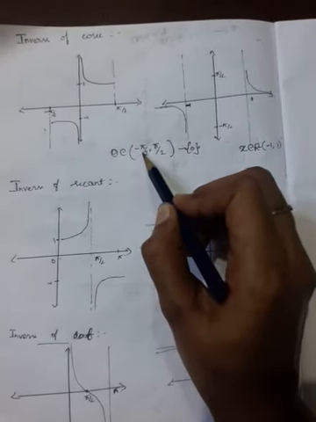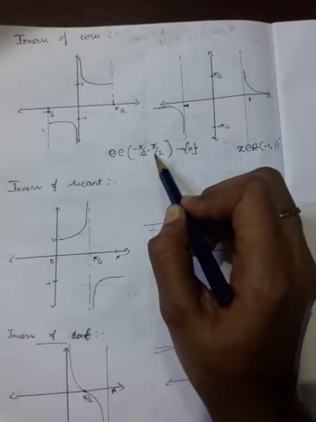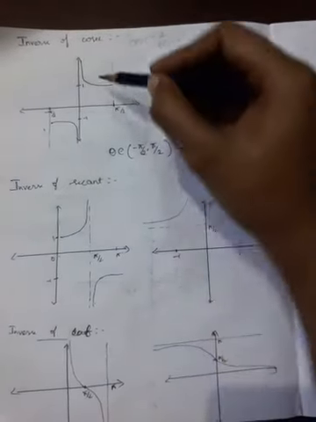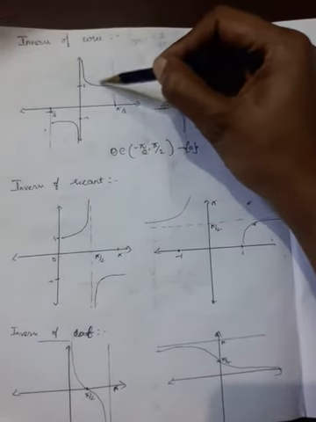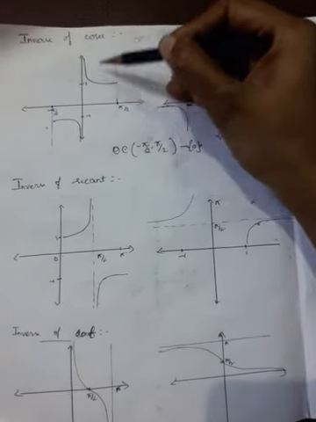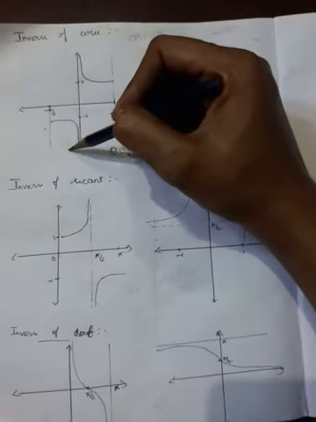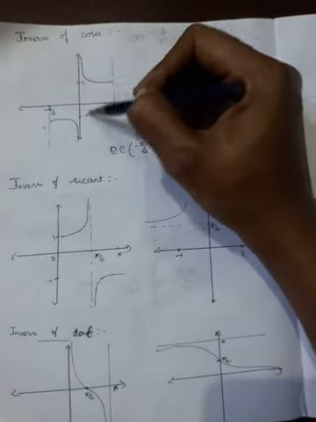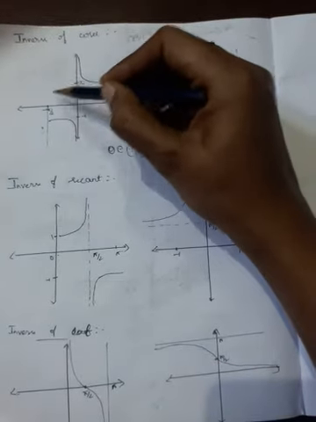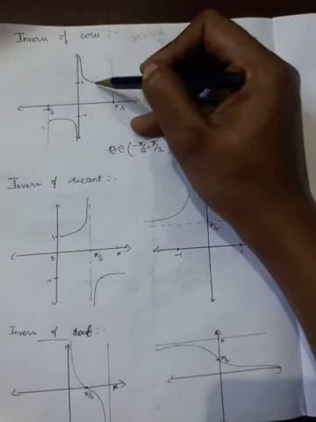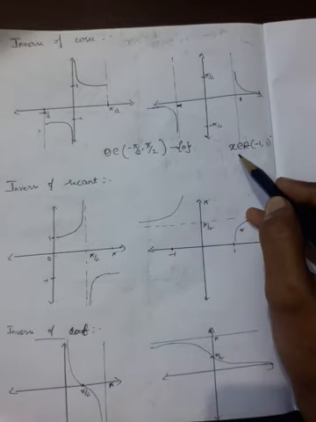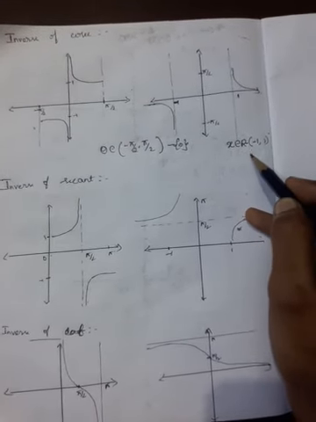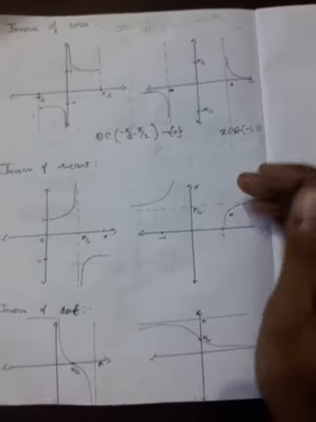Therefore, theta varies from minus 90 to 90 except 0, and our x value, you can see here, is greater than 1 and less than minus 1. In between minus 1 to 1 no function exists. Therefore our x value varies over the whole real number except minus 1 to 1.